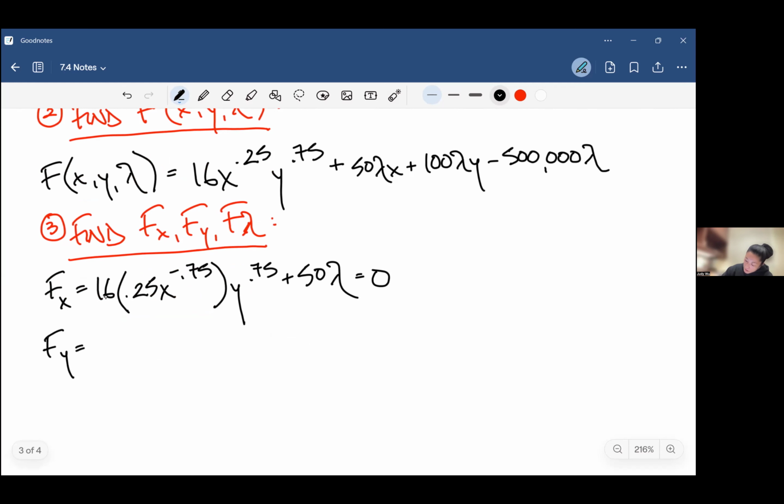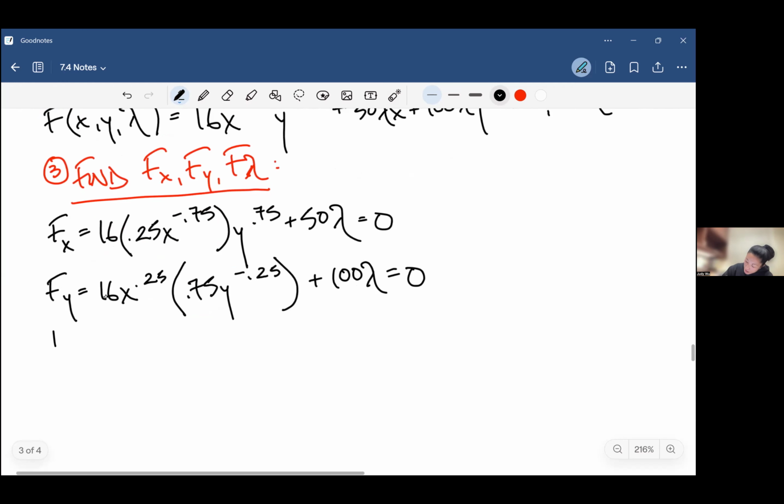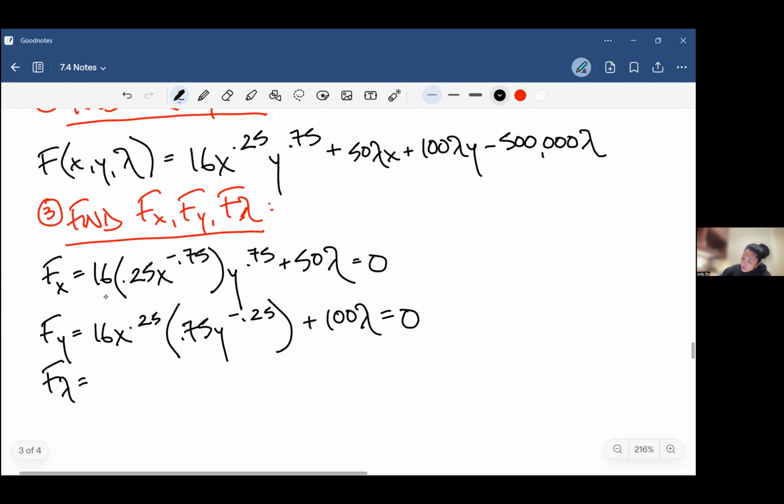Fy is going to be similar: 16x to the 0.25, all constants, times 0.75y to the negative 0.25, plus 100 lambda equals 0. And last but not least, we have our F lambda, which will go 0, 50x plus 100y minus 500,000.